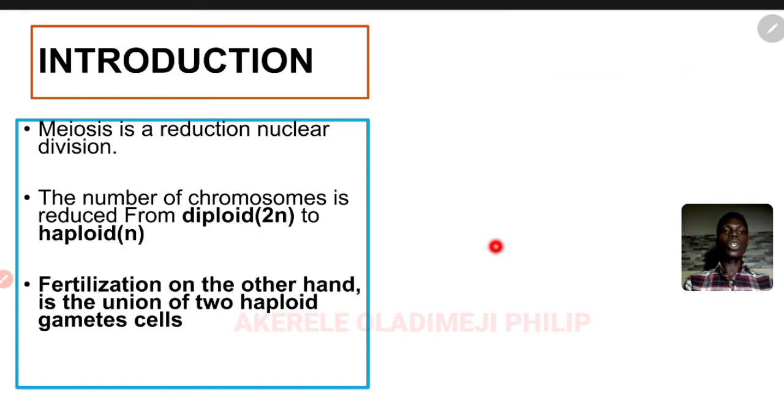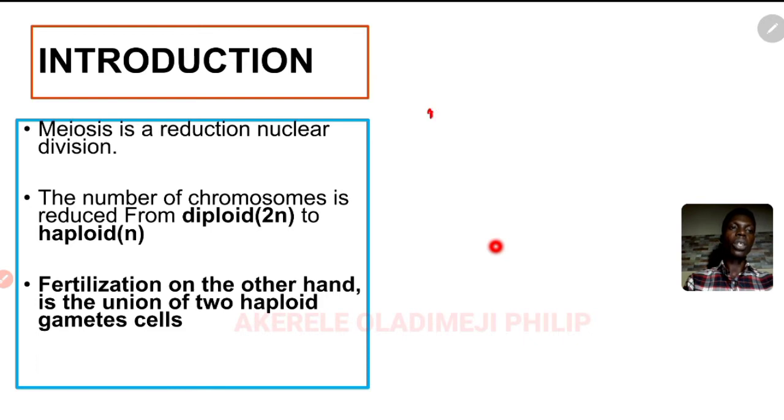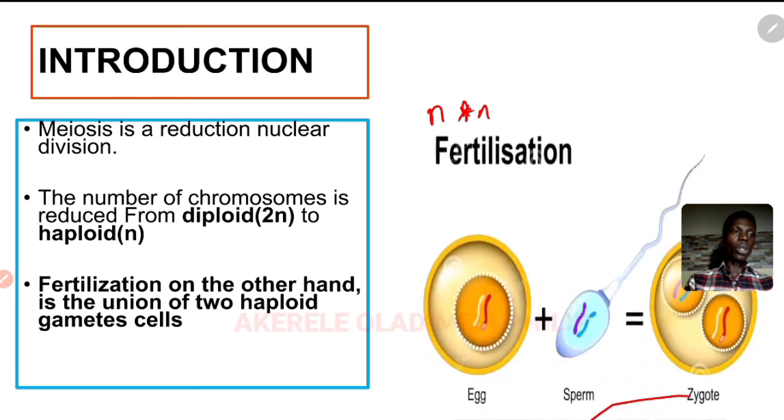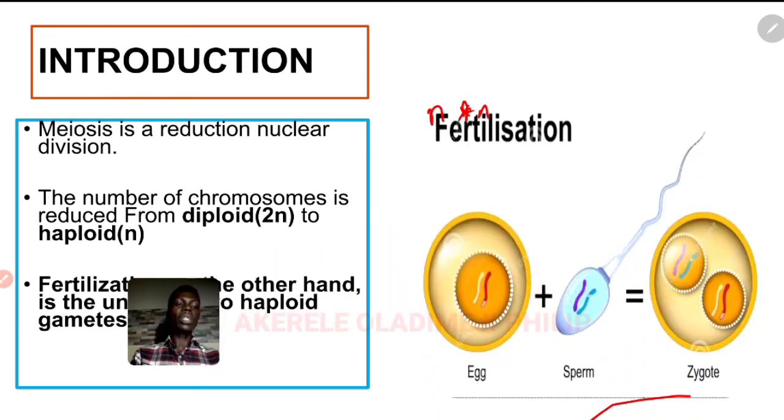Then fertilization, on the other hand, is the union of 2 haploid gamete cells. Haploid means just 1 copy, n plus n, like that. I think I have an illustration here for us. So this is what fertilization means. You can see that we have n from the egg, n from the sperm cell.